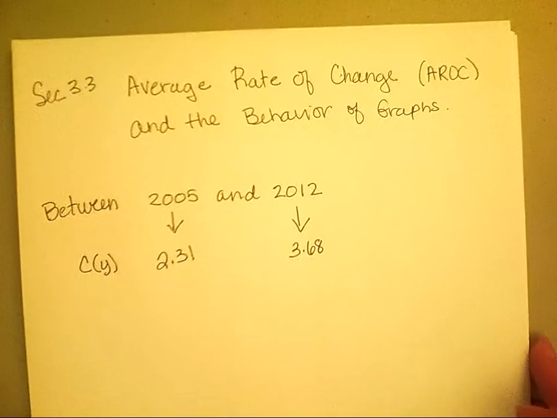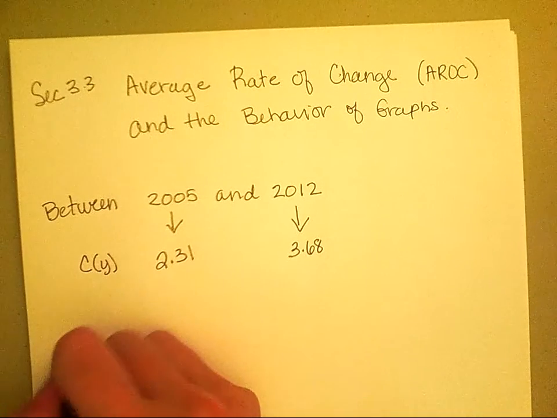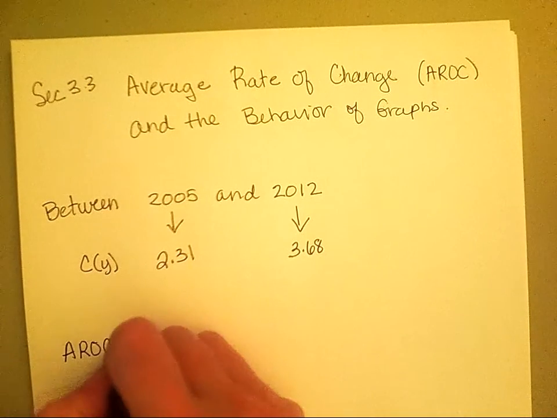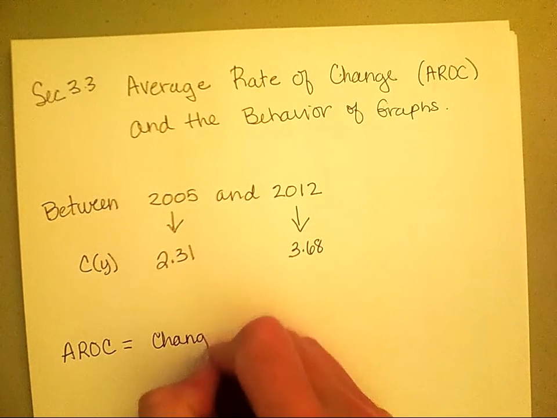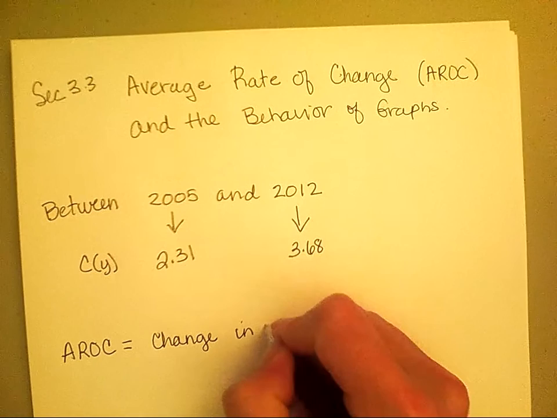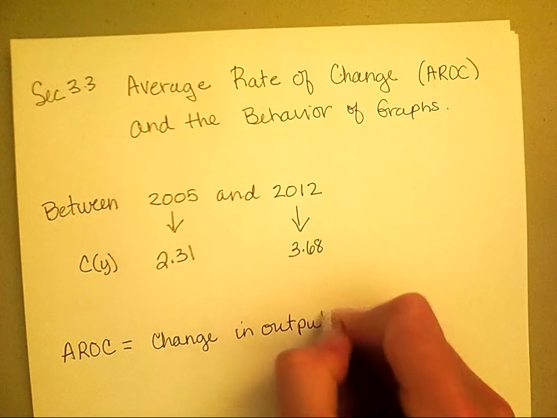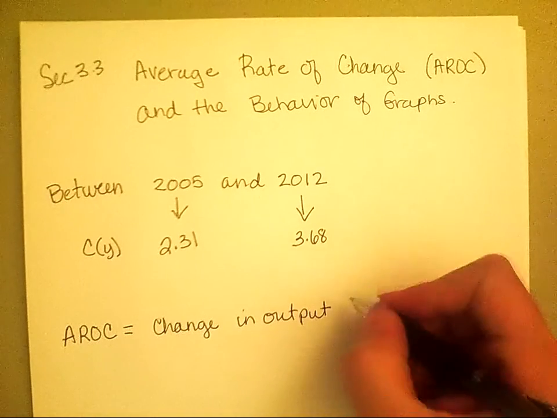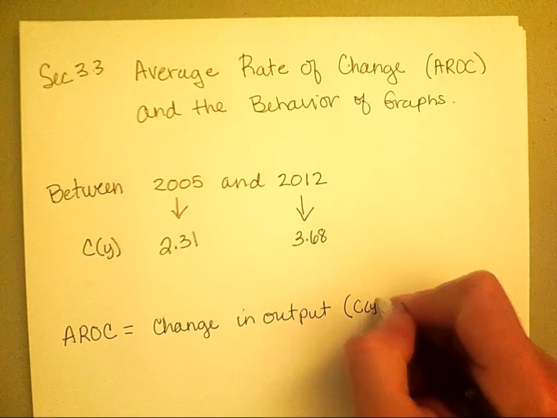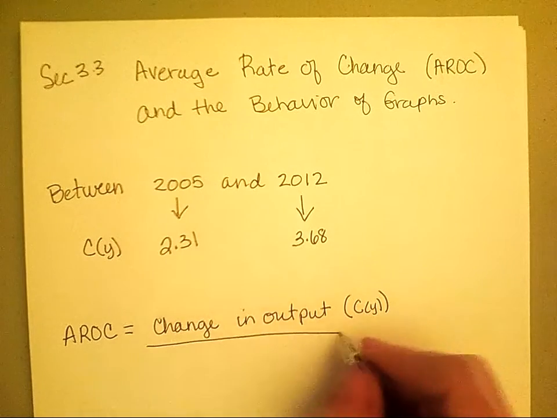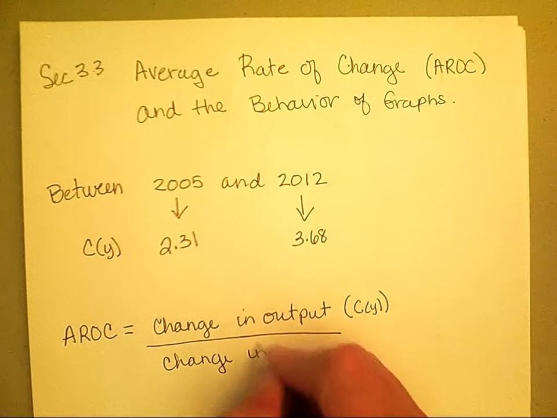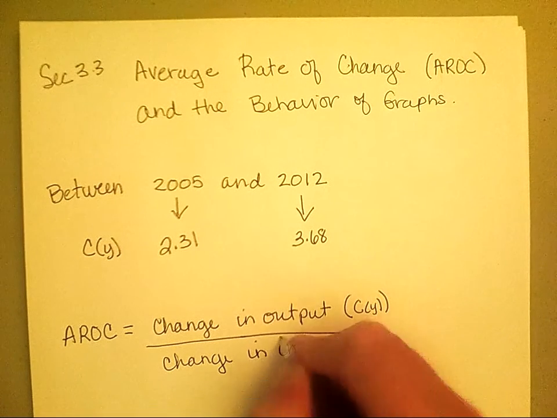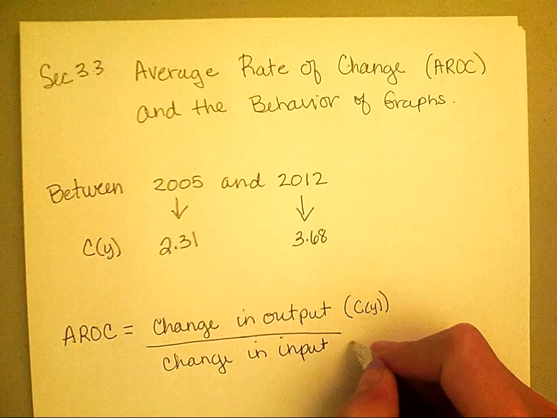So what we were really doing is looking for our average rate of change, and that was the change in the output here, the change in the cost of gas, divided by the change in the input, which was the number of years.